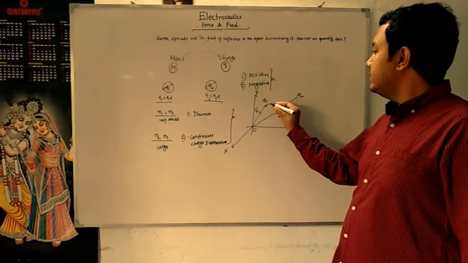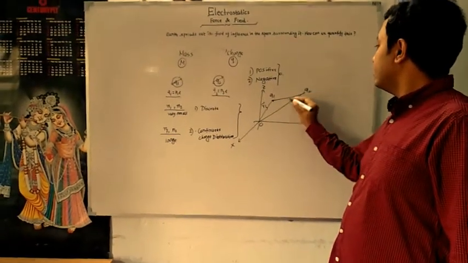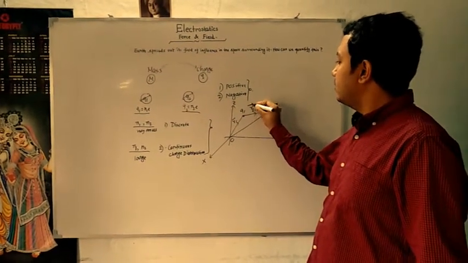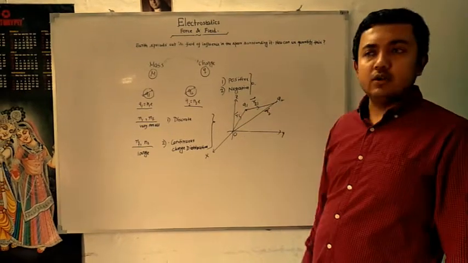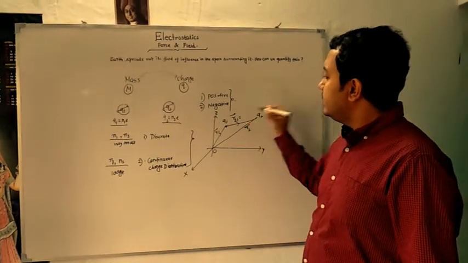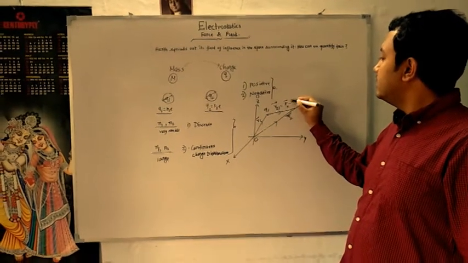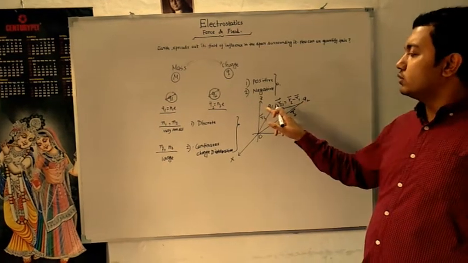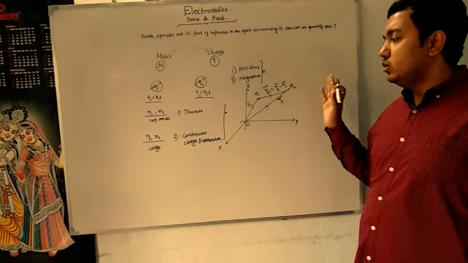Then the separation between the two charges we can write as the R21 vector. According to the law of addition of vectors, R21 vector is equal to R2 vector minus R1 vector.